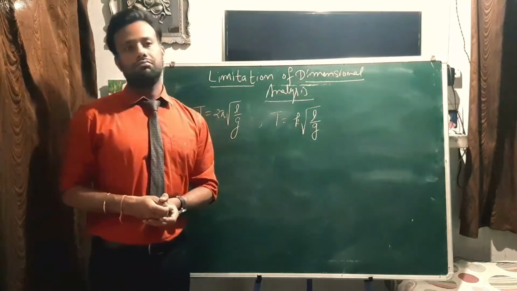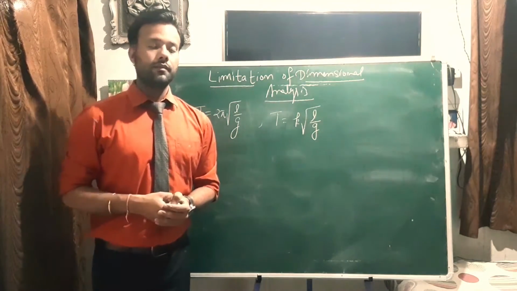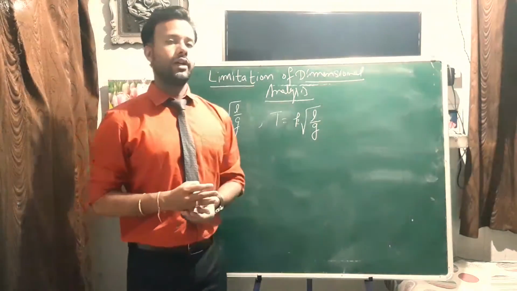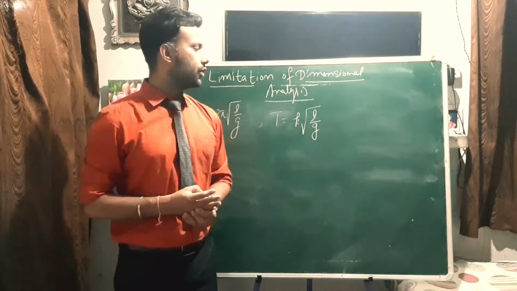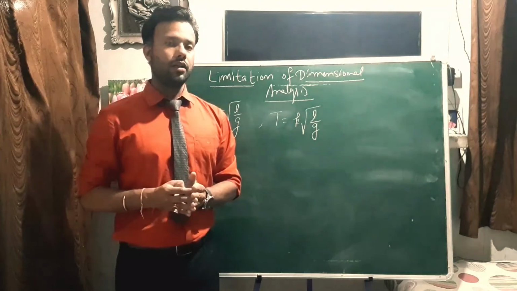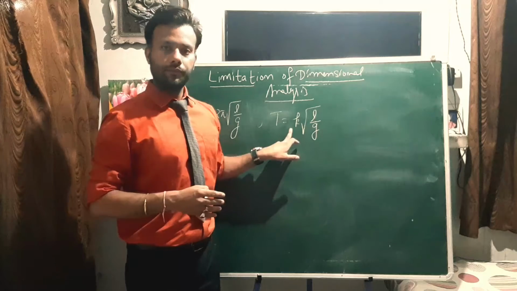This is, we can say, a very big limitation, right? By this method, the formula can be dimensionally correct, but it cannot be mathematically correct, because the formula will be correct mathematically only if 2 pi takes the place of this constant.